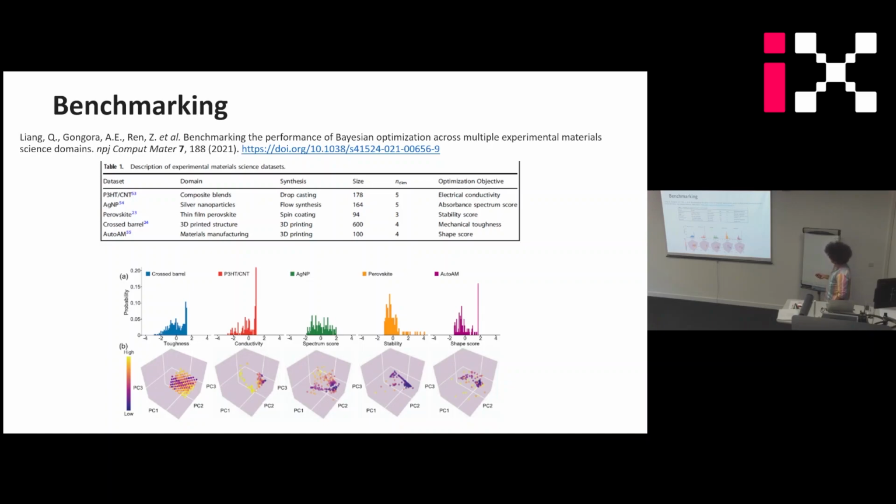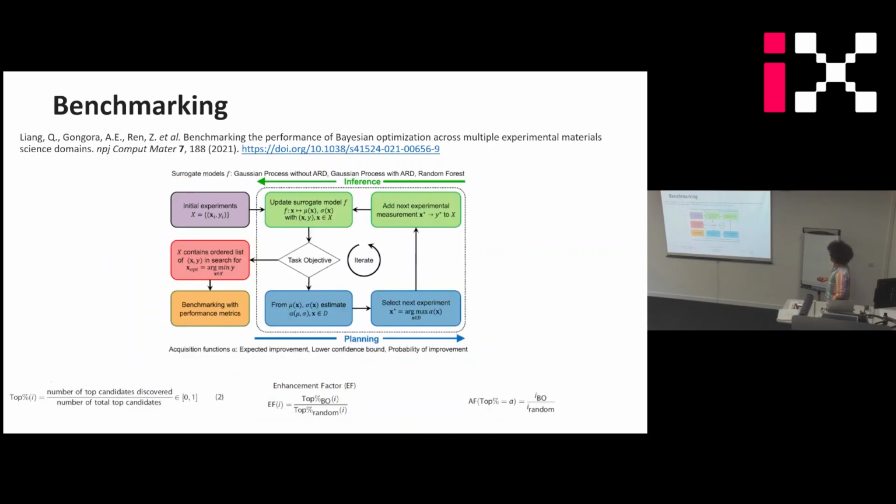They look into these different data sets, and here we're just looking at the distributions of the material and what we're looking for, just to see how hard the optimization problem might be. Then they looked into benchmarking this Bayesian optimization, to see how good different approaches would be.